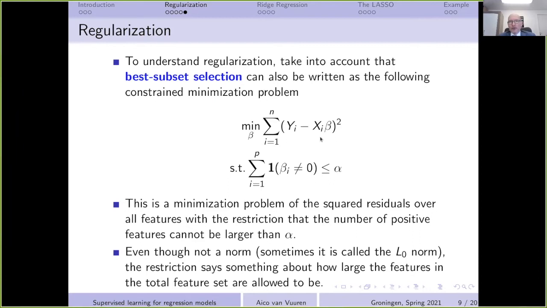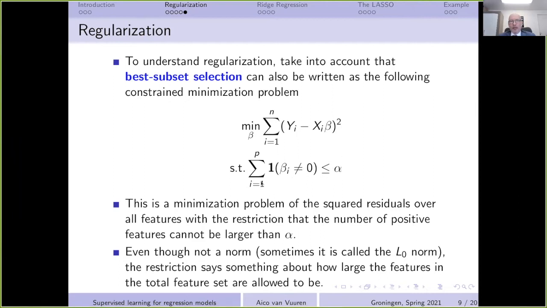But that's not what we're going to have over here, because we are still going to have this restriction over here. And that restriction says that the number of beta coefficients that are unequal to 0 should be smaller or equal to alpha.